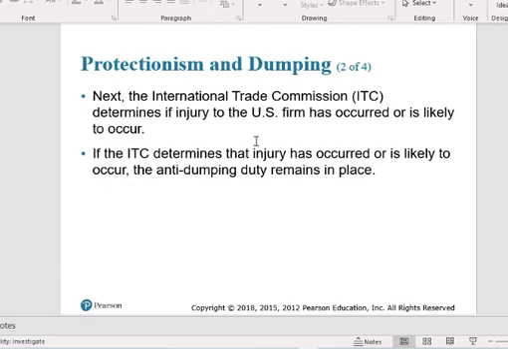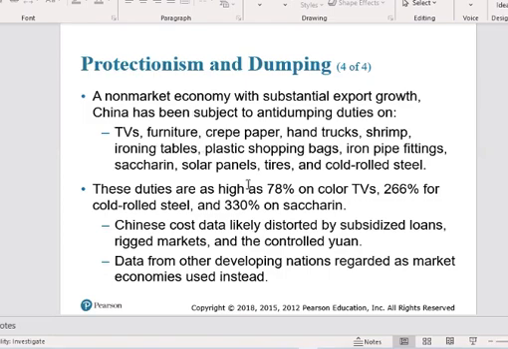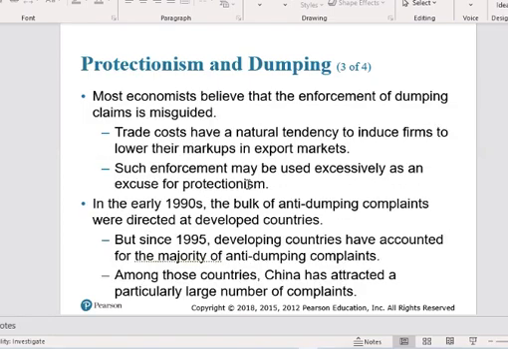Okay. And next, the ITC, the International Trade Commission, determines if injury to the US firm has occurred or is likely to occur, then they will try to put an anti-dumping duty on this product. So basically, this is the trend of anti-dumping. Many of these anti-dumping measures or punishments happened in advanced nations before the 1990s against developing countries.